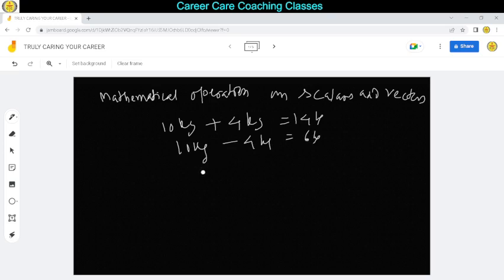If we multiply 5 meter with 5 meter, this becomes 25 meters square. If we divide 5 meter by 5 meter, it becomes 1. It means the mathematical operations are done using the arithmetic rules in the case of scalars.